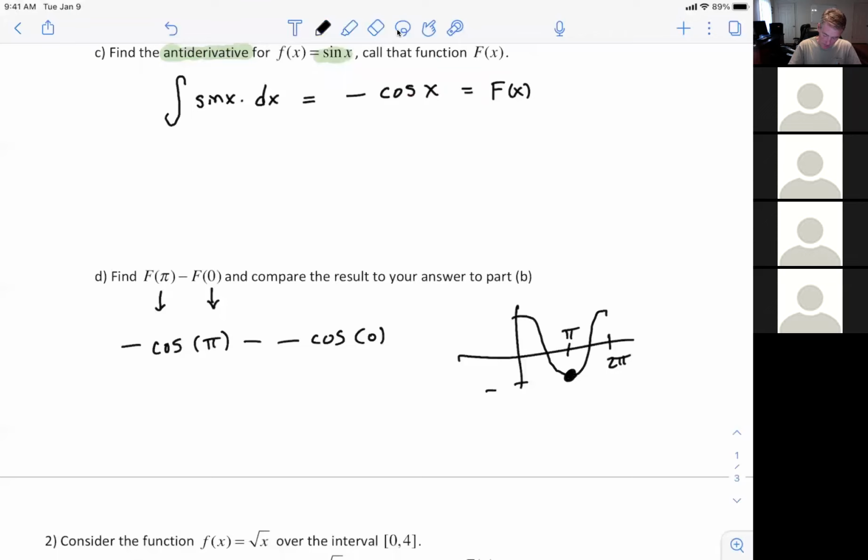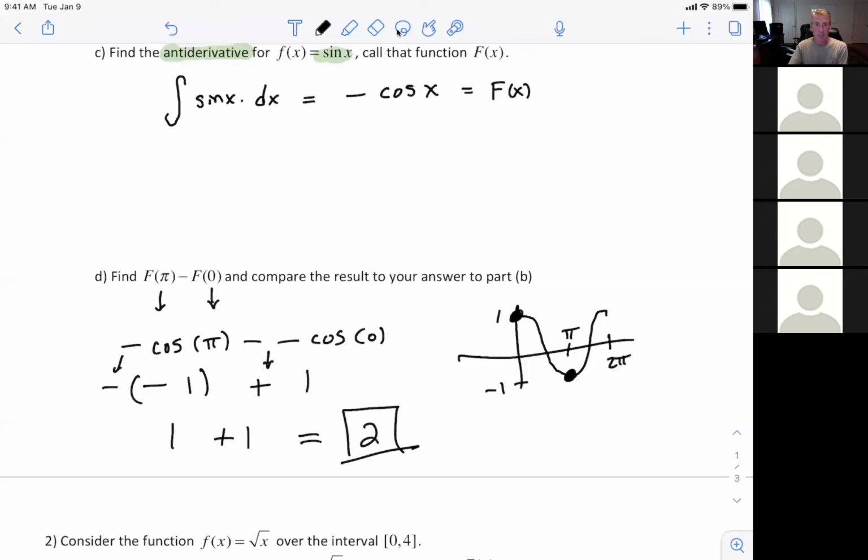So that's equal to negative 1. Oh, wait, it's going to be negative, because there's that other negative right there. It's going to be negative of negative 1. And then these two negatives will become a positive, and cosine of 0 is right here, and that's equal to a 1. So finally, this is going to be a positive 1 plus a positive 1 equals 2. So for the third time in a row, it looks like the area is equal to 2.